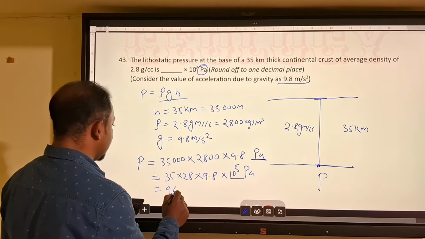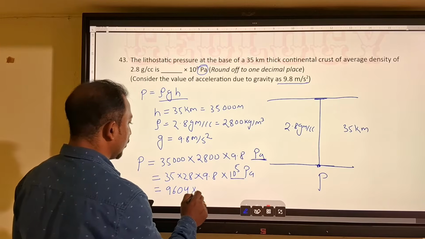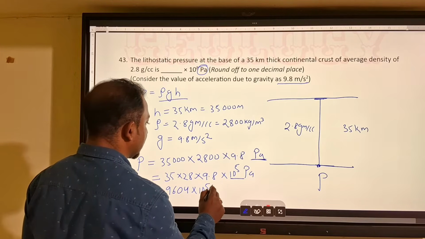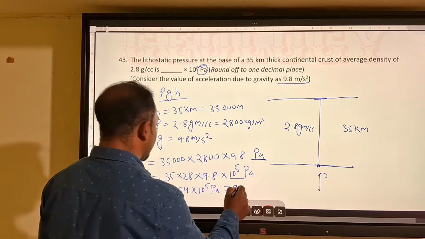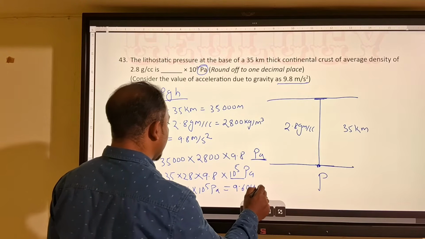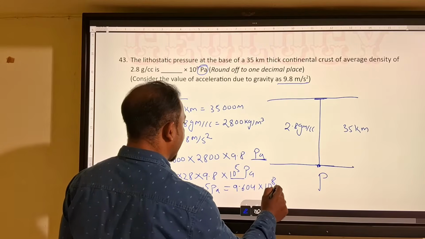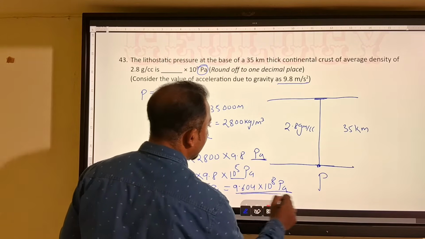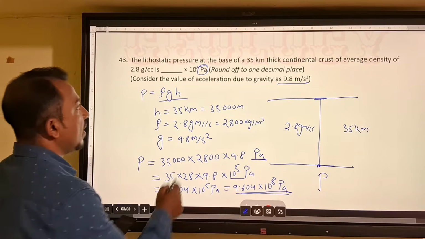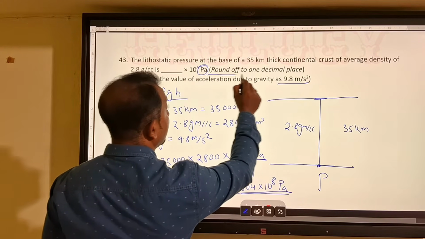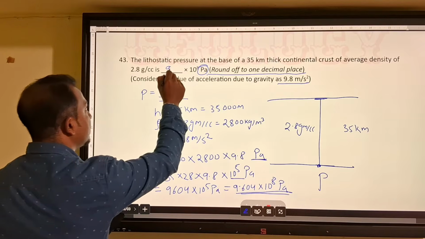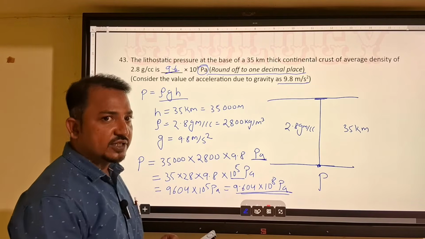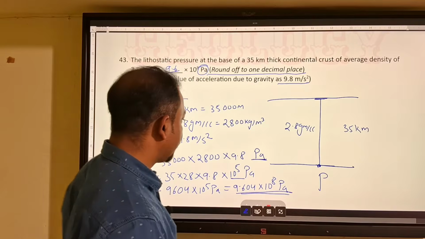It is 9604 into 10 to the power 5 pascal. If you convert it to 10 to the 8, it will be 9.604 into 10 to the power 8 pascal. The answer has to be rounded off to 1 decimal. After 1 decimal it is 0, so it will remain 9.6. So the answer will be 9.6.